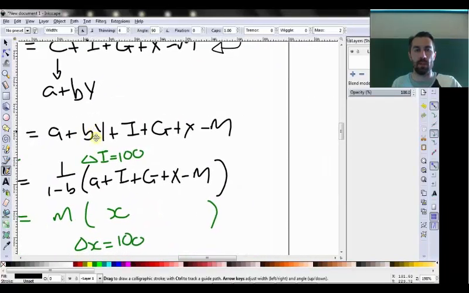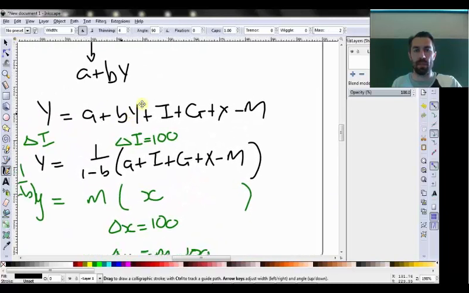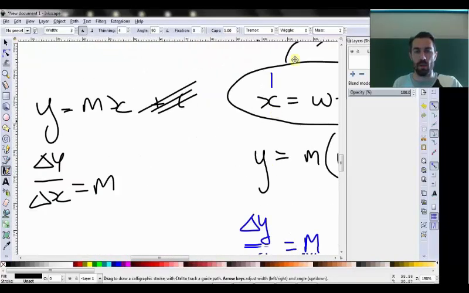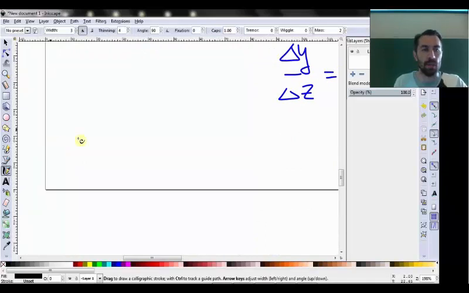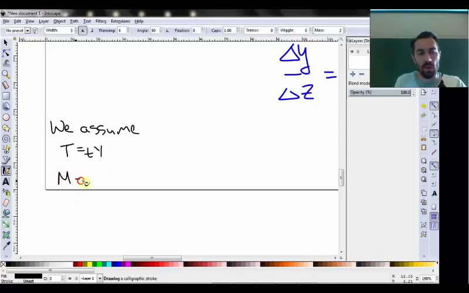We've been through all this equation here. Now we assume that taxes are given by some tax rate, and imports are given by some marginal propensity to import.